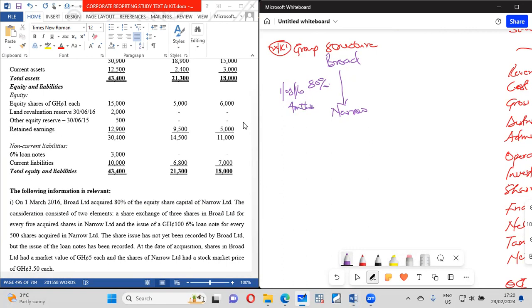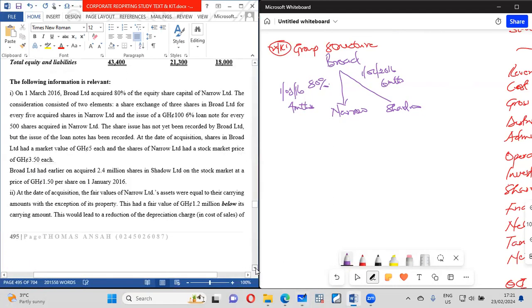So be careful. Then there is an acquisition of Shadow, and that one was on 1st January 2016, and that was 6 months. And what was the percentage? If you don't do this, you are wrong, because this is acquisition accounting. You must show them. We are told that it is 2.4 million out of the shares they have in Shadow.